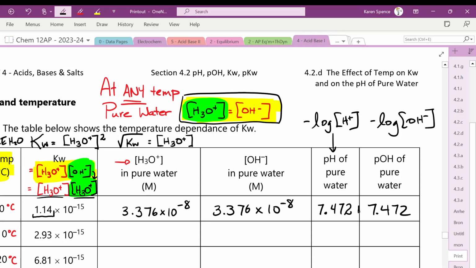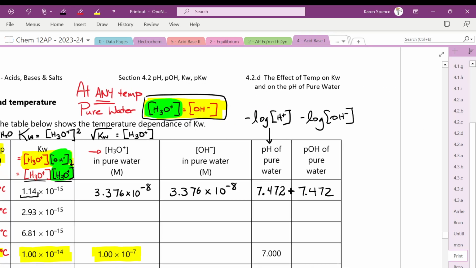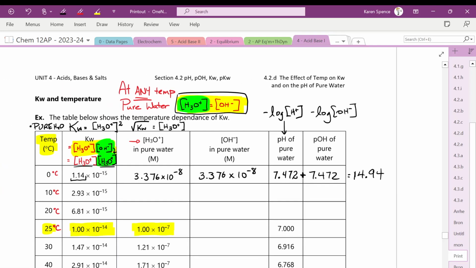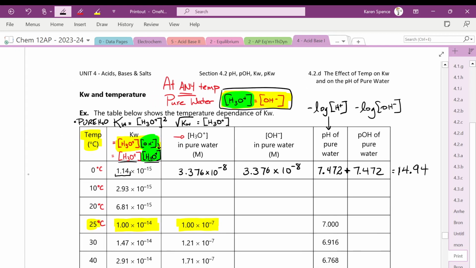What do we get if we add those two numbers together? We get 14.94. Now I have a question. What do you get if you take the negative log of KW? So what if you take the negative log of 1.14 times 10 to the negative 15?